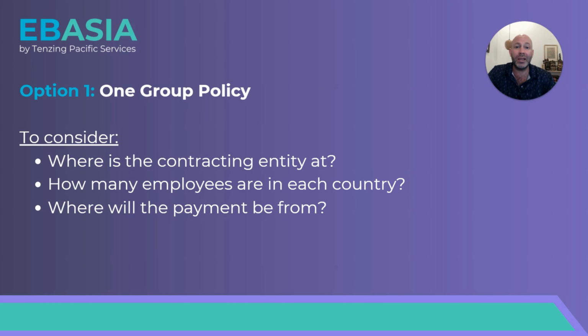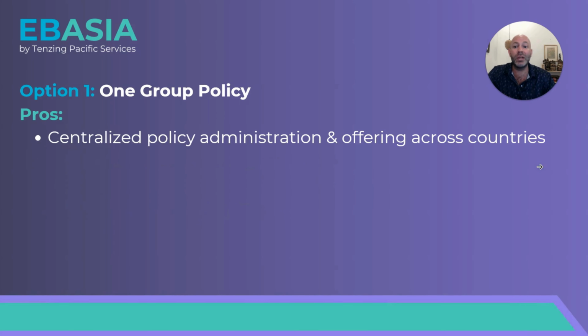Normally, to make a contract with employees across various entities, you need a primary contracting company, and that contracting company in that country needs to have a certain minimum threshold, usually 30% of the total number of employees in a group.